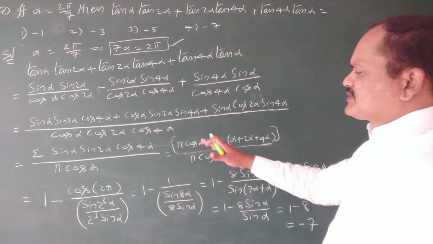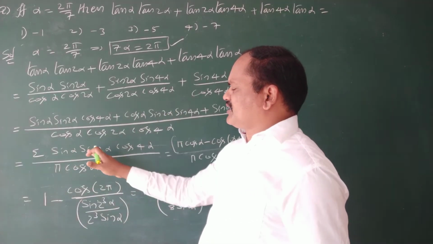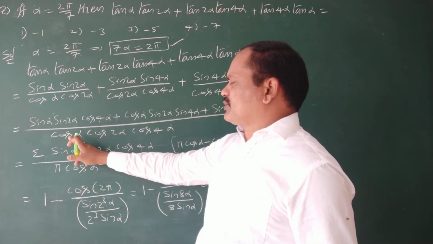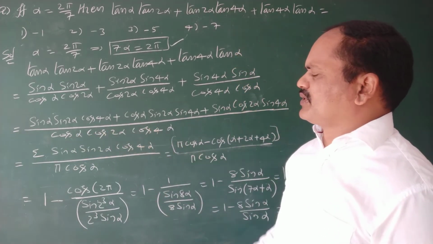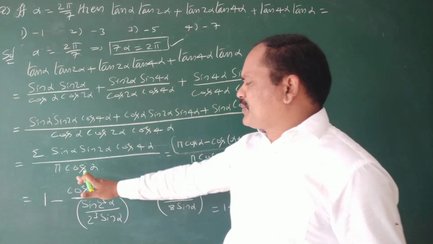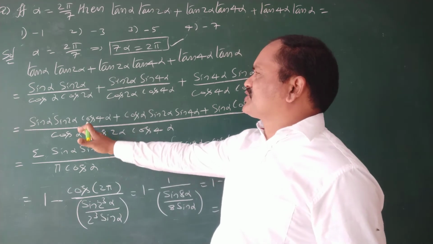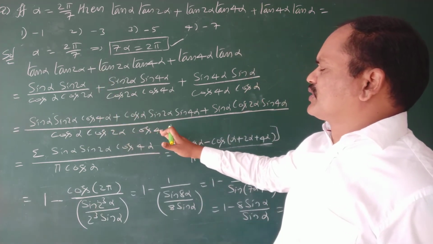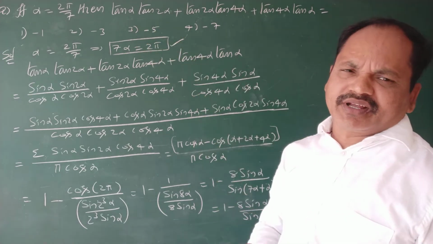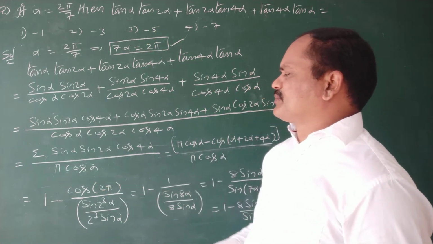The denominator, the product cos alpha cos 2 alpha cos 4 alpha, can be written with pi, which represents the product, since alpha plus 2 alpha plus 4 alpha is equal to 2 pi.